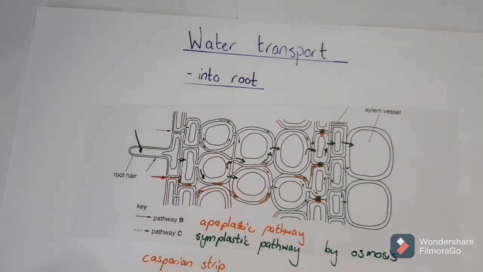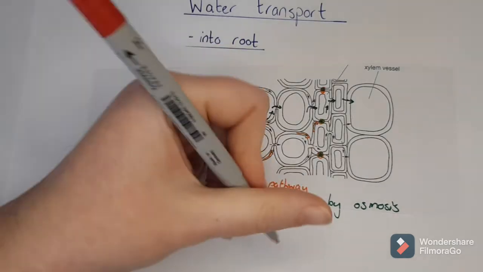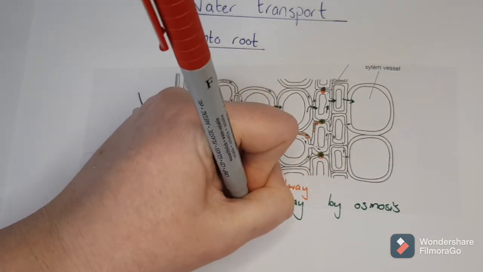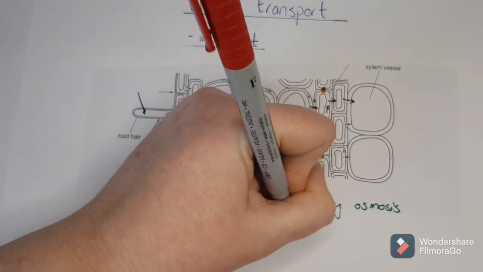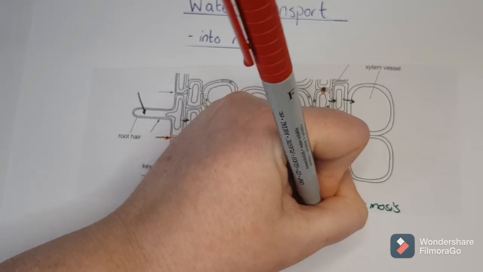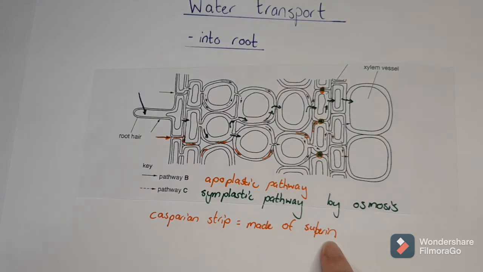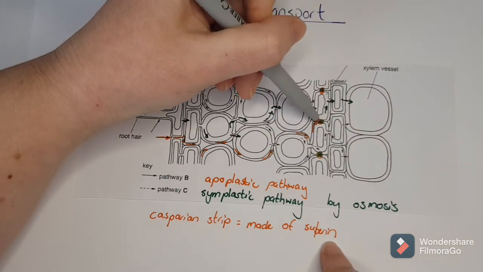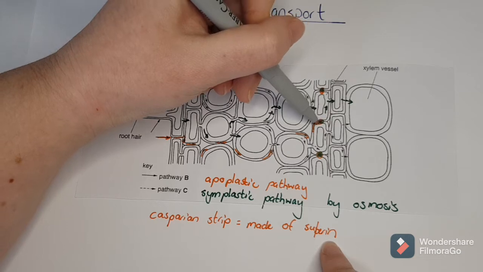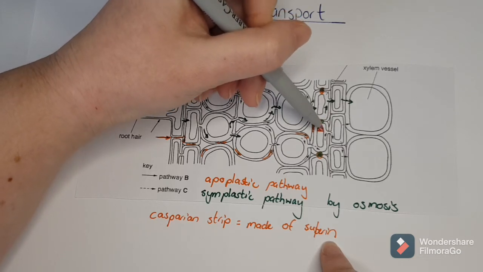The Casparian strip is made of suberin, and the suberin is impermeable to water. So what happens is the water hits that Casparian strip and then it gets forced inside.